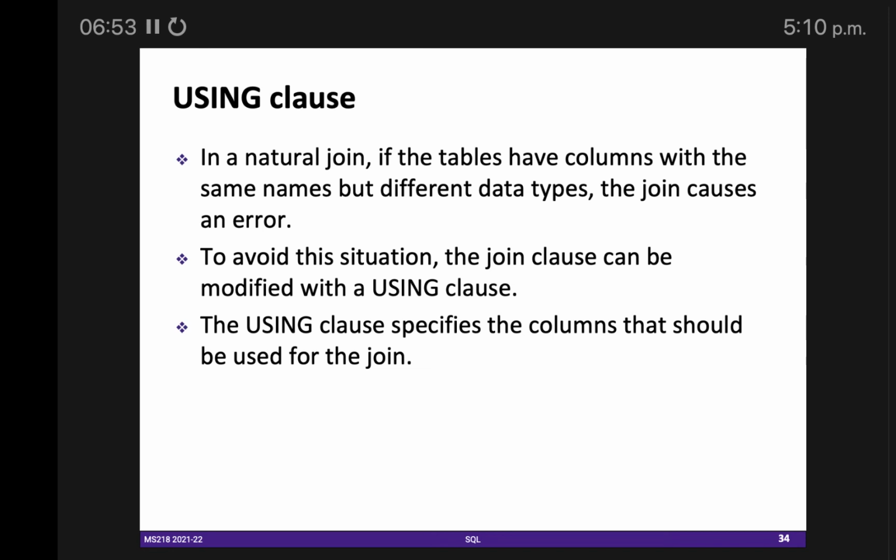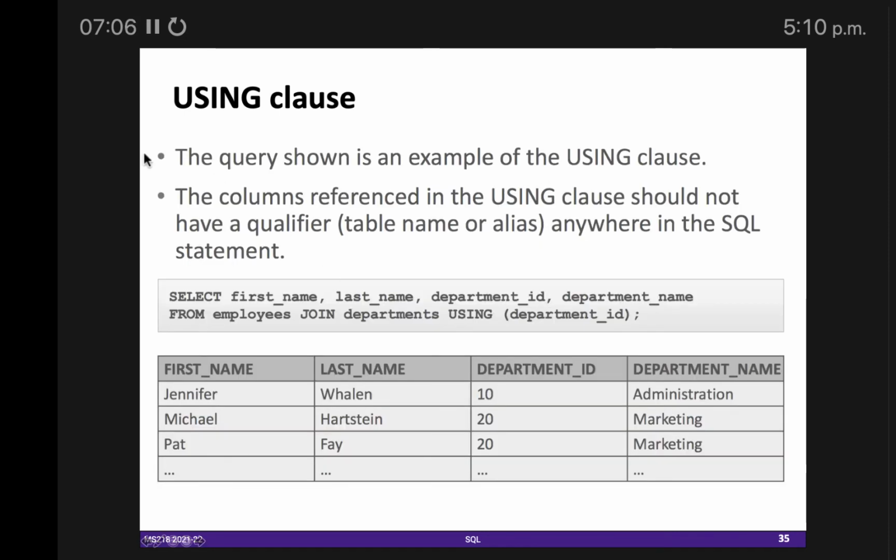To avoid this situation, the join clause can be modified using a USING clause. The USING clause specifies the columns that should be used for the join. The syntax is very easy.